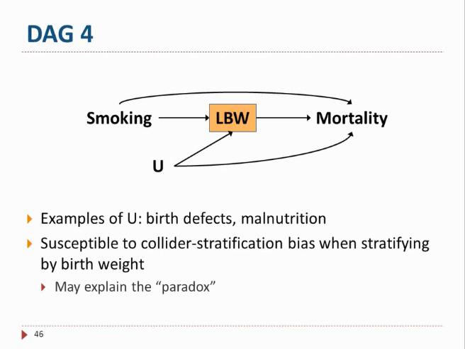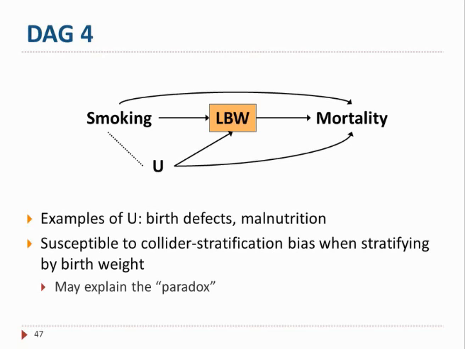And so here we find ourselves in that situation where we have 2 arrows colliding on low birth weight. And because when we adjust for low birth weight, what happens is we end up seeing an association between smoking and mortality that could explain the paradox.